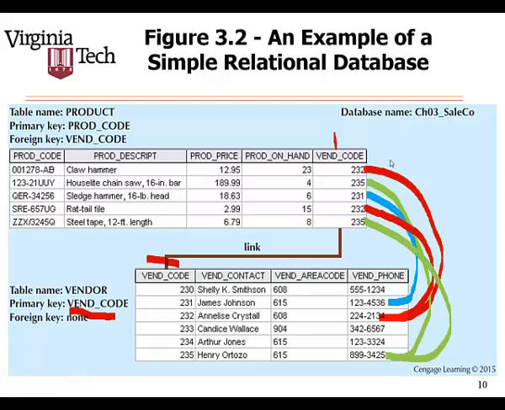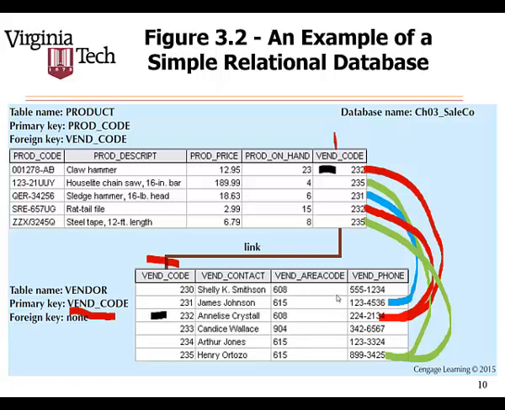All right, so what you're seeing here is that for every one instance of product, we identify one instance of vendor code. Here 232 is associated with 232.